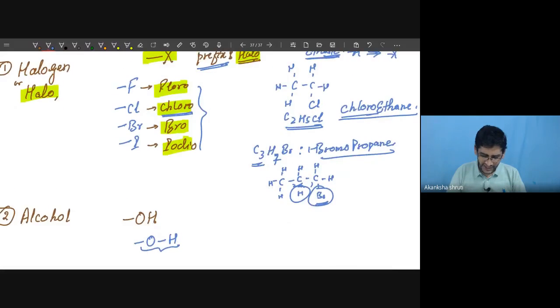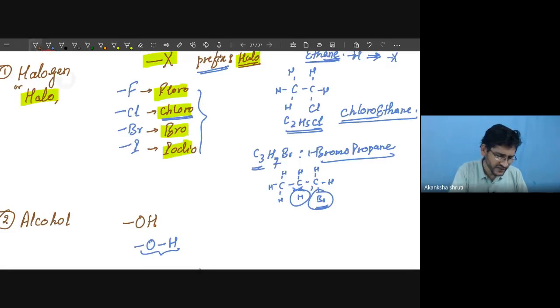For nomenclature, it is used as a suffix, which is attached at the end of a name, and named as what? OL. This OL word has to be used. Alcohol.